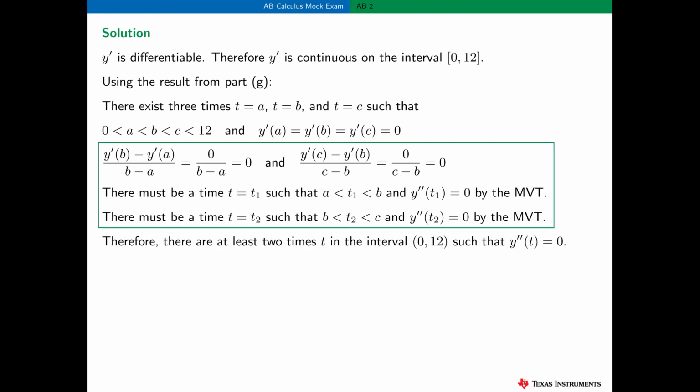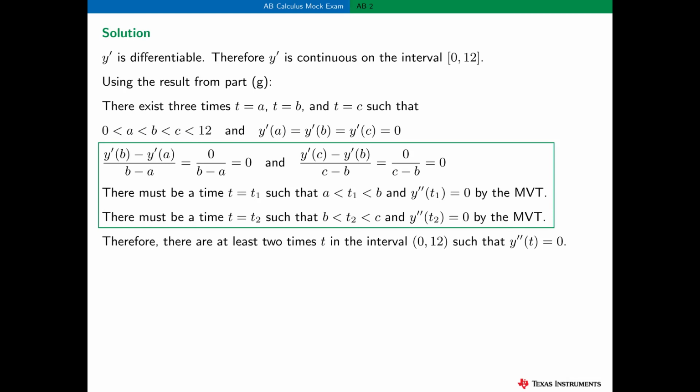Consider these two quotients and apply the mean value theorem. There must be a value t sub 1 in the open interval a to b such that y double prime of t sub 1 is equal to y prime of b minus y prime of a over b minus a, which is 0.